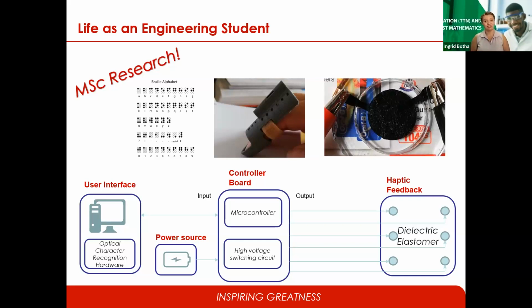And just an interesting fact, the voltage required to drive these dielectric elastomers was up to 5,000 volts for one Braille dot. So for those of you who are doing physics at the moment, there's one reason this can still be safe for the user, and that's because it has a very, very low current.